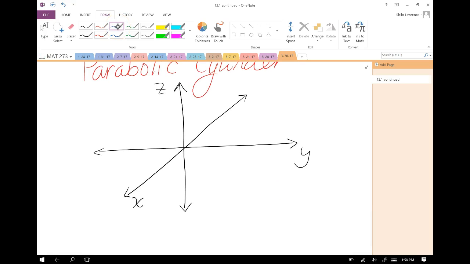So we've got a parabola in the XY plane that opens in the positive Y direction. The XY plane is the flat plane, and the parabola opens in the Y direction.